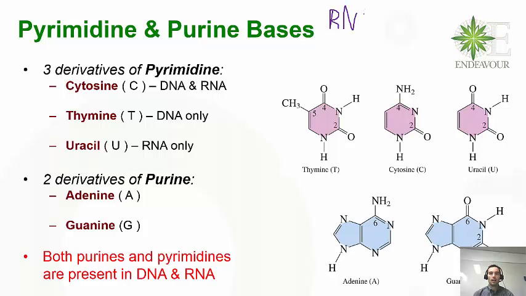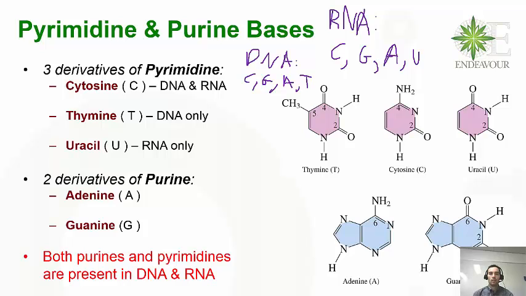So in RNA, we have our cytosine, guanine, adenine, and also uracil. Whereas in DNA, we have the same to begin with, cytosine, guanine, adenine, but instead of uracil, we actually have thymine. So that's the difference between our DNA nitrogen-containing bases and our RNA nitrogen-containing bases. Basically, in DNA, we have thymine, and instead, in RNA, we have uracil.